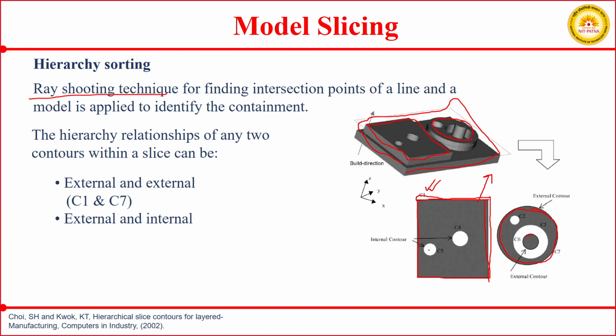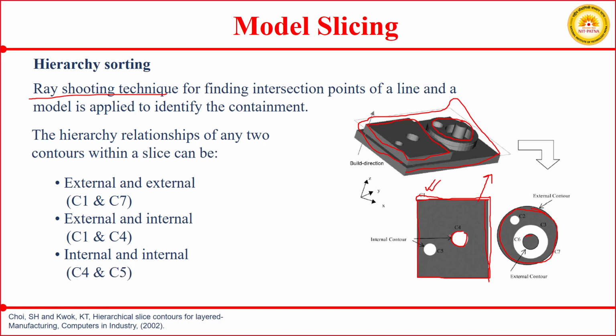Then another kind of relationship may be external and internal, like C1 is an external contour and C4 is an internal contour. Again C5 is an internal contour.